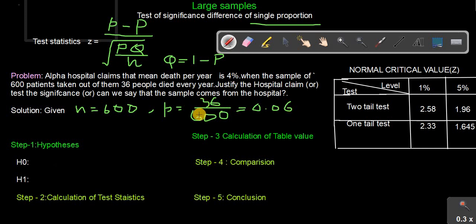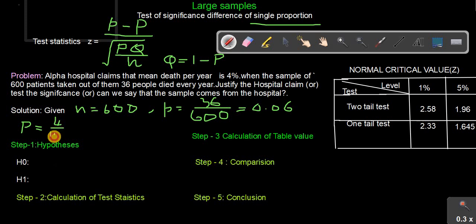Am I correct? Right. What about the proportion in the hospital? Capital P. The capital P given here is the claim that 4% are dying each year. Okay, 4% means 4 out of 100.